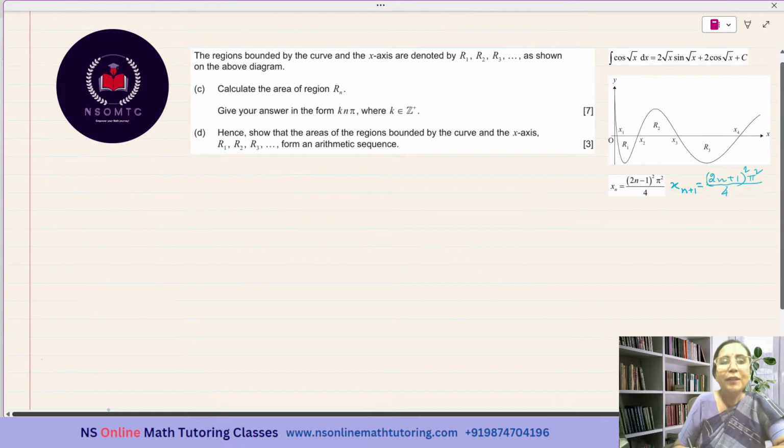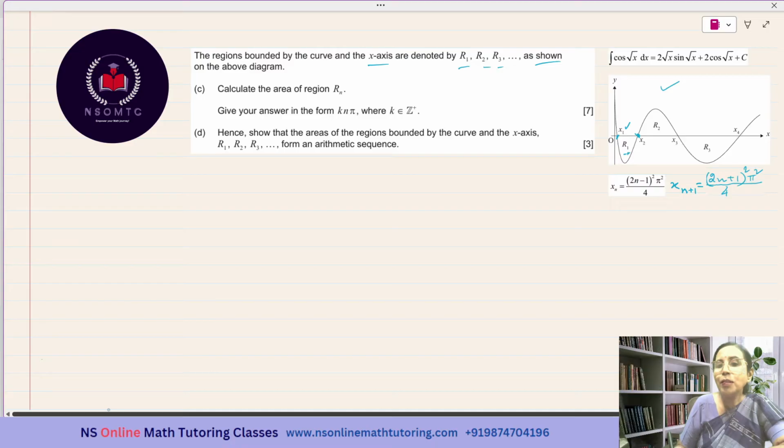Okay. The regions bounded by the curve and the x-axis are denoted by R1, R2, R3 and so on as shown on the above diagram. This is the diagram. See, this is R1 extending from x1. This point is x1 and this point is x2. So the subscript of R is same as the previous subscript of x.